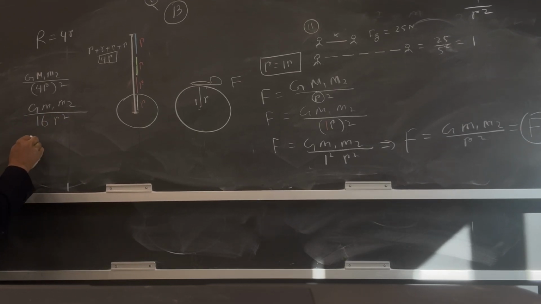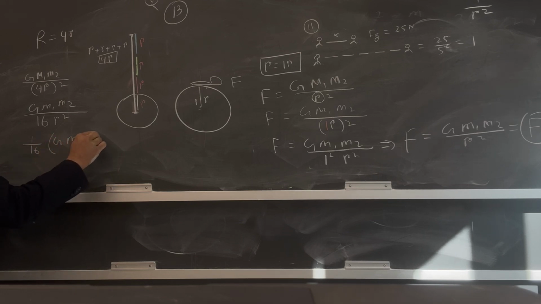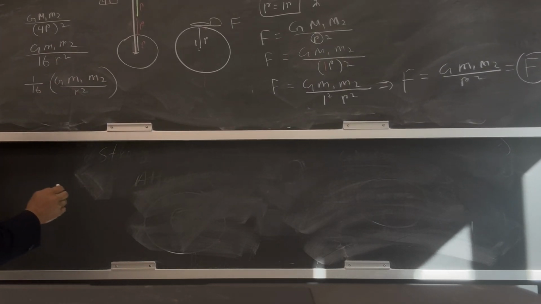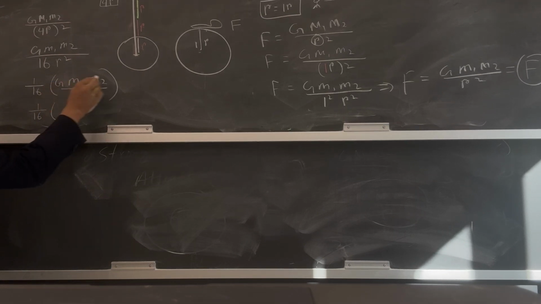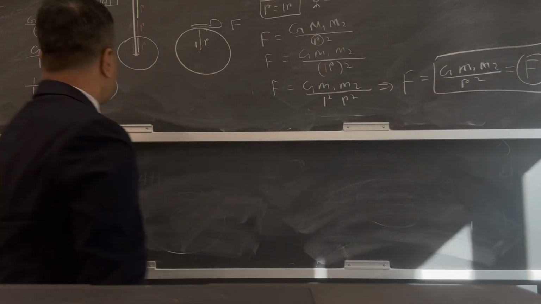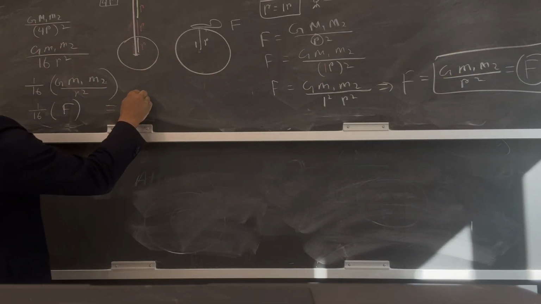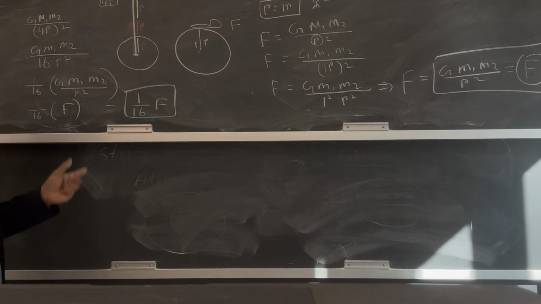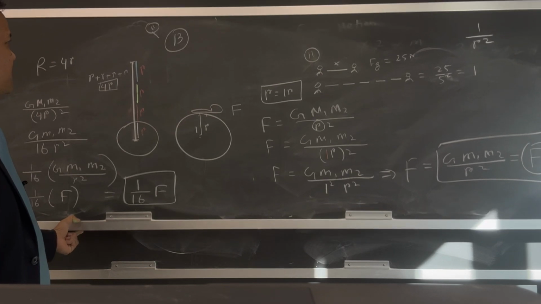So 1 over 16, G m1 m2 over r squared. We can replace this one by F. Why? Because this one is equal to F. So then it becomes 1 over 16 F. Okay, that was problem number 13.